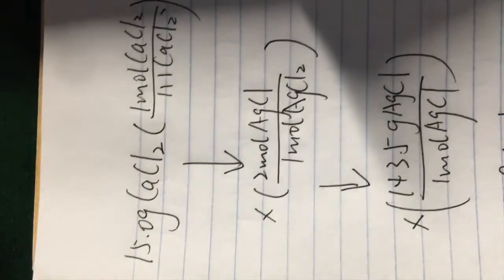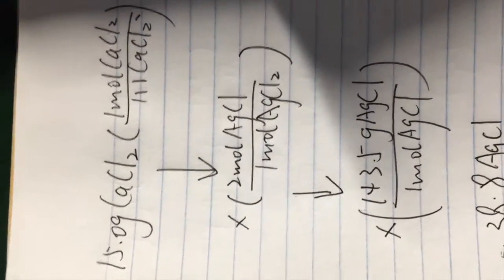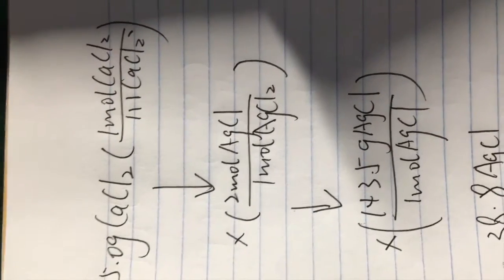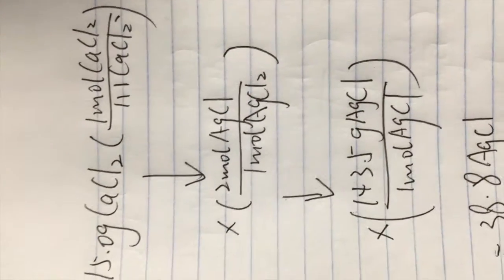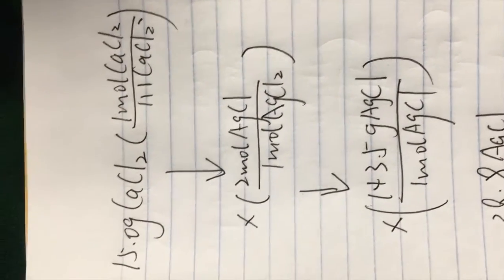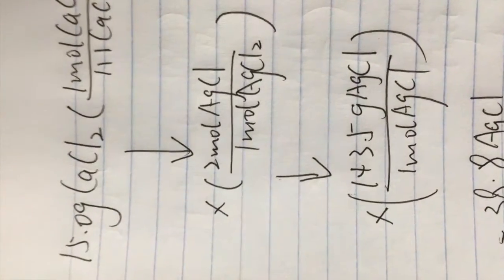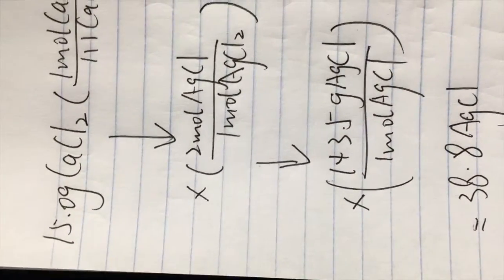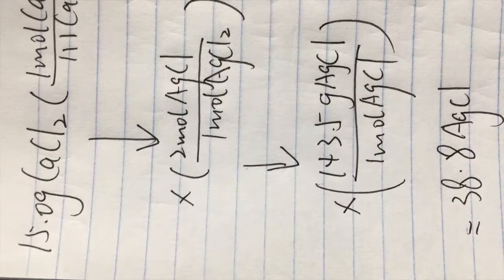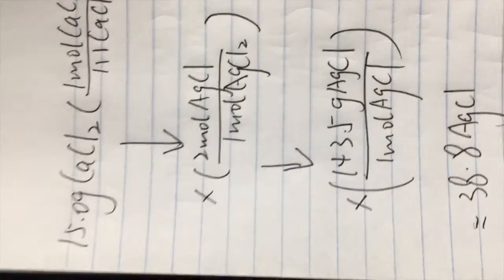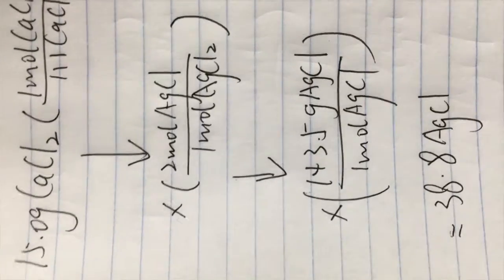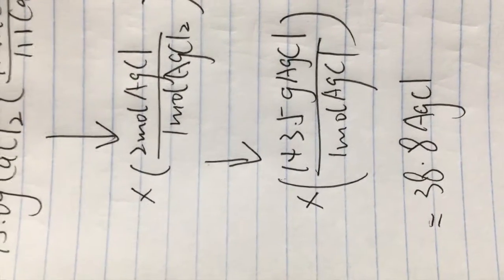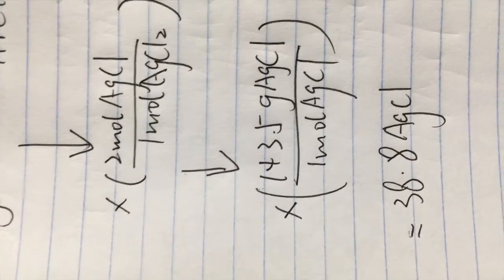And second, we use the 15 grams of CaCl2 times 1 mole CaCl2 over 111 grams CaCl2 to know the moles of CaCl2, and then we times 2 moles of HCl over 1 mole of CaCl2, so we can know the moles of HCl. And in the last, we use the same way to know the mass of the HCl in the product.